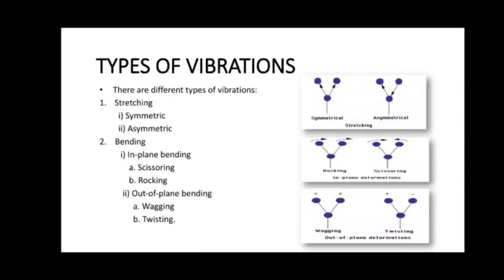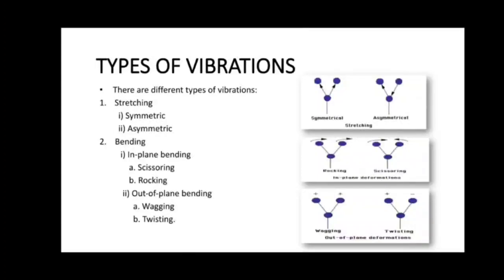Types of vibrations. There are different types of vibrations. Stretching, which involves symmetric stretching: simultaneous vibration of two bonds in which they elongate together and contract together. Asymmetric stretching occurs when some atoms move in the same direction while others move in the opposite direction. Next is bending, which involves in-plane bending.